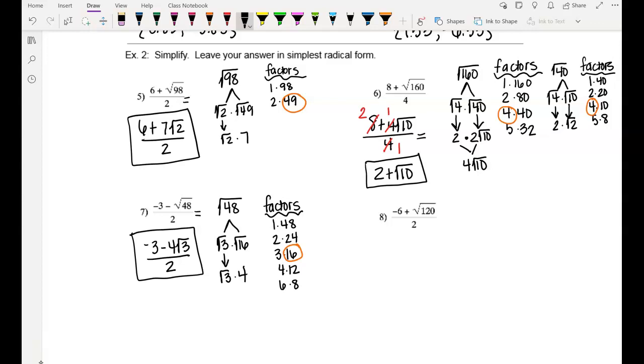And then number 8, negative 6 plus the square root of 120 divided by 2. Again, the square root of 120 we need to simplify.